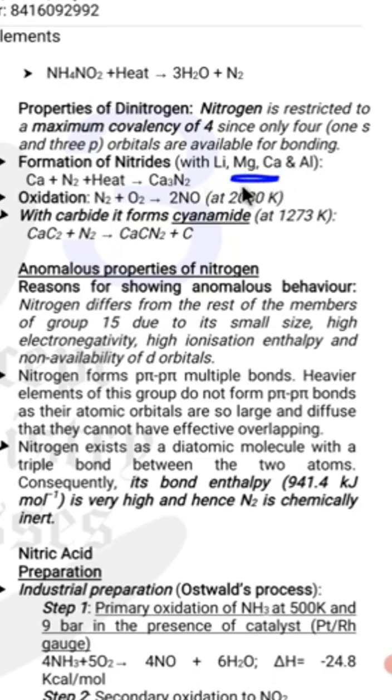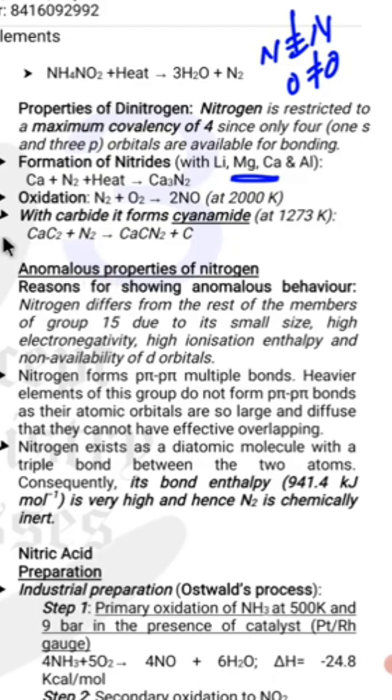This is a very high temperature, because nitrogen has 3 bonds between the 2 nitrogen atoms, and oxygen has 2 bonds between the 2 oxygen atoms. To react, these bonds have to be broken, so a large amount of energy has to be supplied.